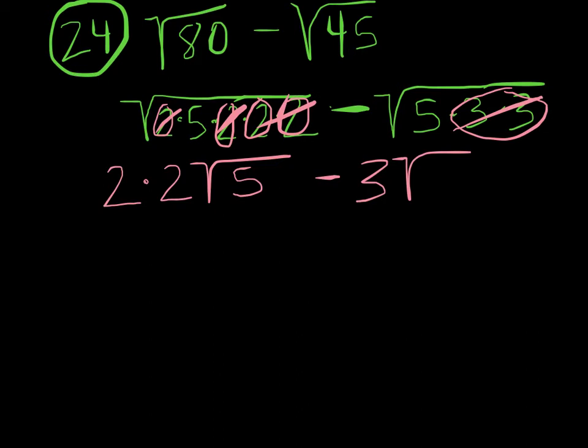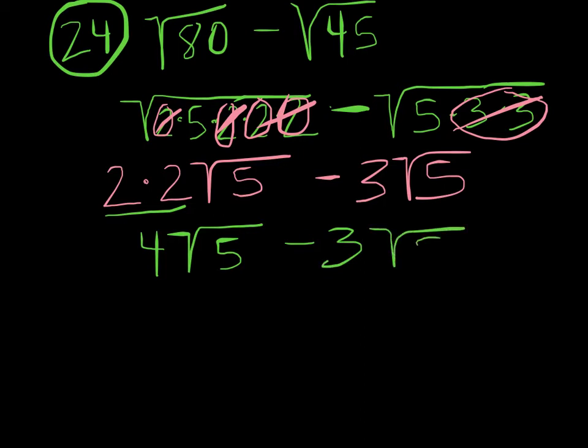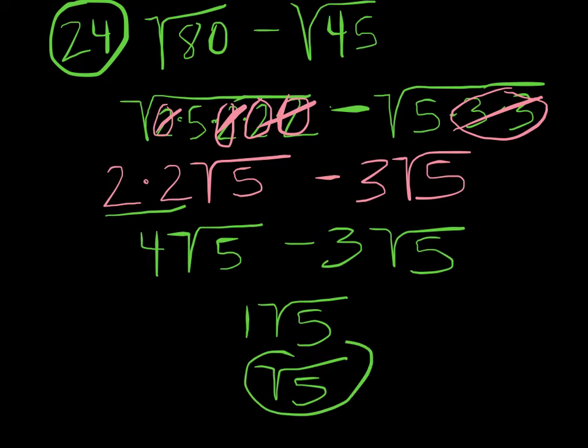So I've got 3 times the square root of 5. So this first one simplifies to 4 times the square root of 5 minus 3 times the square root of 5. Now I have like terms because I've got the same number under the radical. So 4 minus 3 is 1. So I've got 1 times the square root of 5, or just the square root of 5 is the answer.